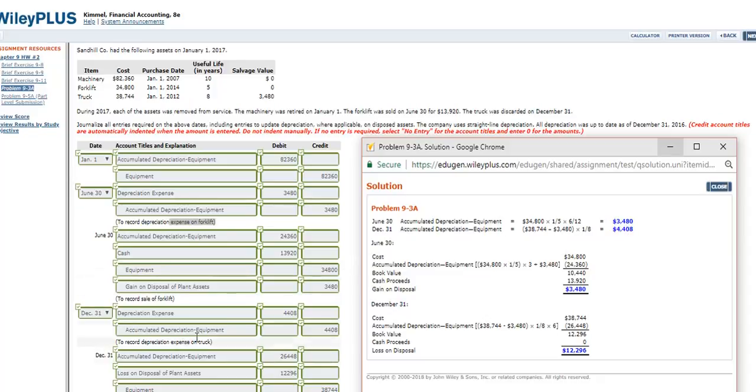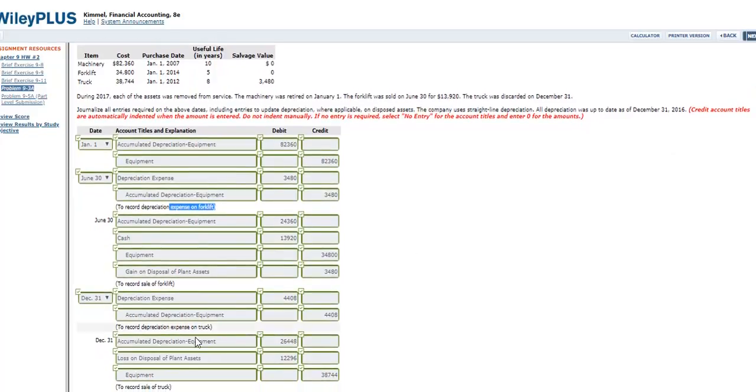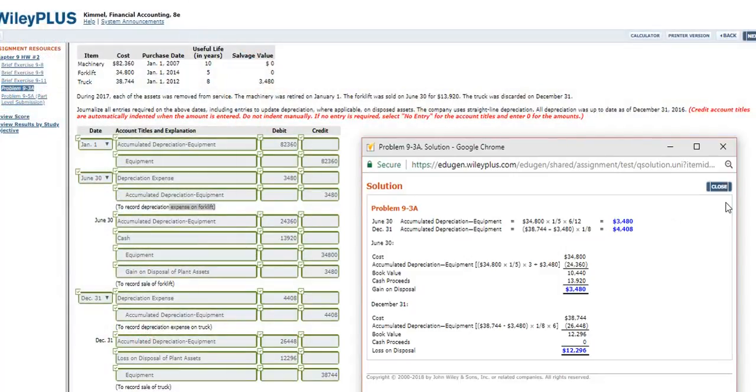The last step in this problem, let me put it a little bit better so you can see it, is to record the sale of the truck. The account titles for this last part are first, the accumulated depreciation equipment. Second, loss on disposal of plant assets.